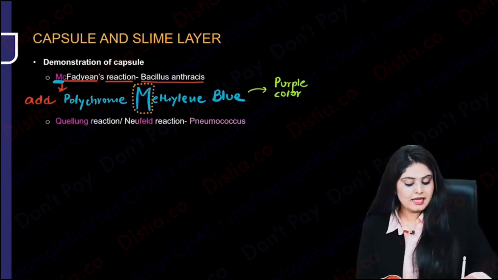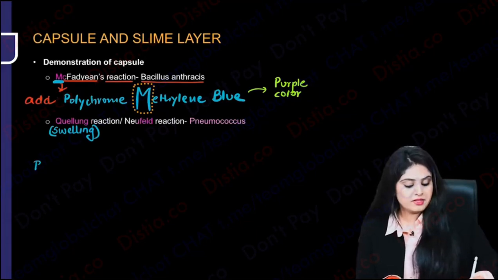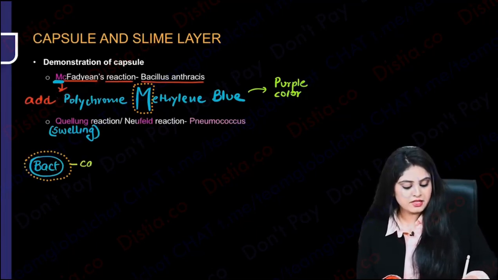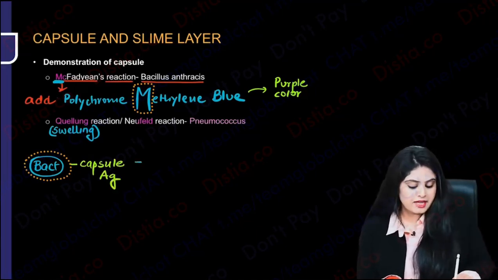Quellung, I have rhymed it with swelling. Quellung will remind you of swelling. I'll tell you how. For example, if this is a bacteria and we are talking about capsulated bacteria, can I say that every capsule will have an antigen around it? And if there's an antigen, everyone knows that if I add an anti-sera or an antibody to it, there will be a reaction.